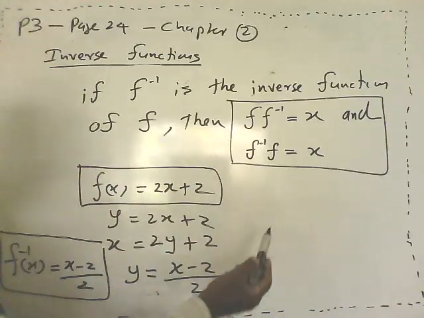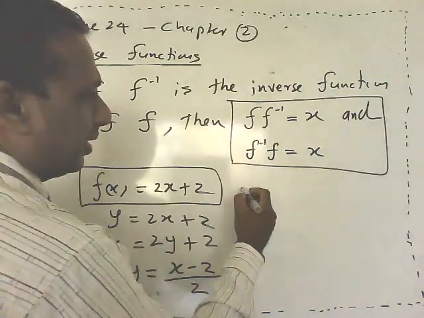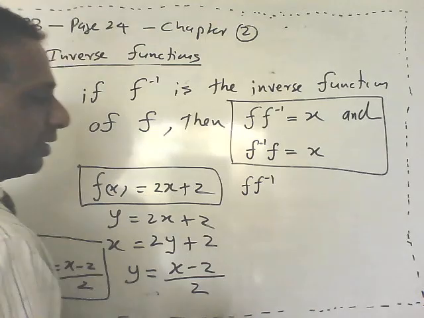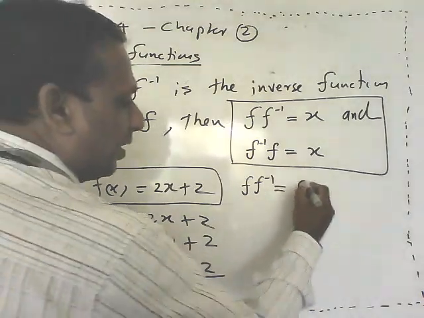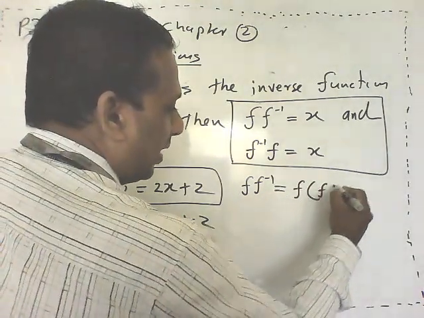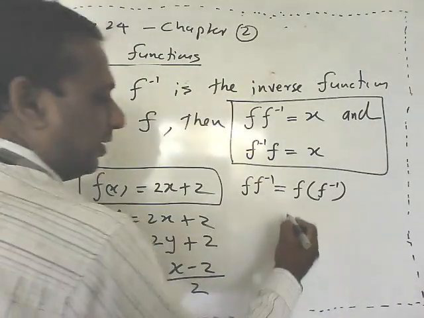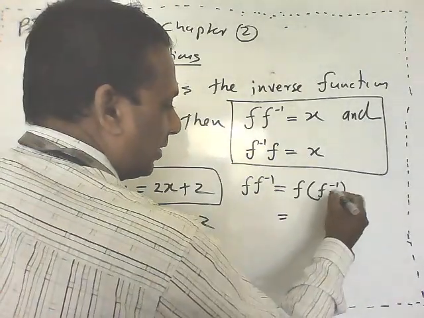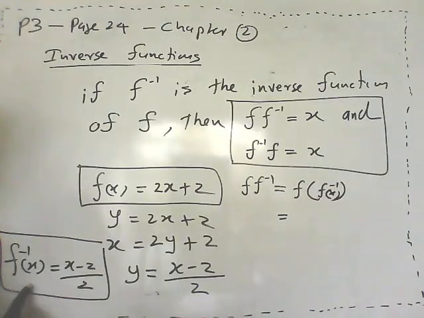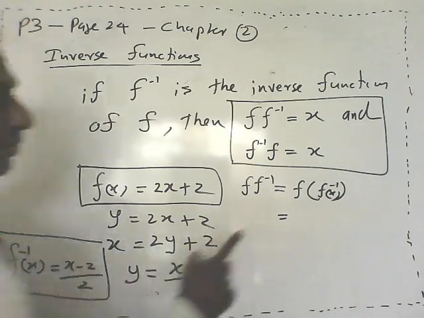Now we'll see what is meant by f inverse. That is equal to f inside that f inverse, right? f inverse of x is like this, (x minus 2) over 2.